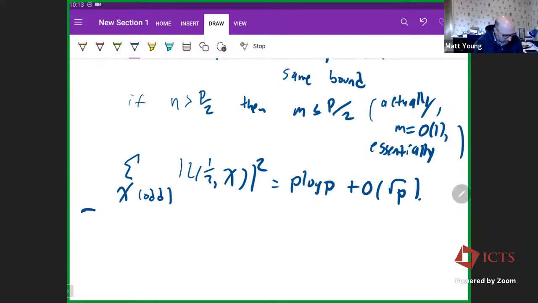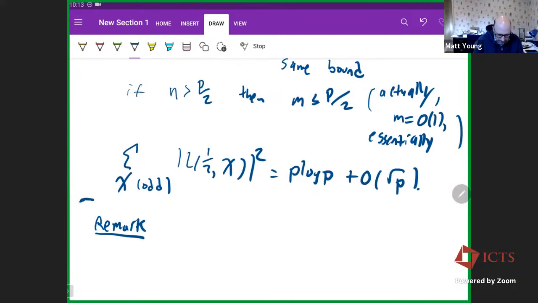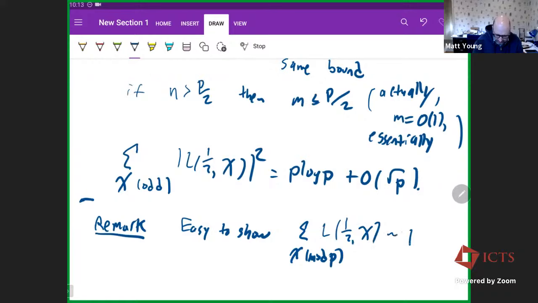All right, and then just as a remark, it's even easier to show that if you sum over chi mod P, L of a half chi, that's asymptotic to P. So we can get a good asymptotic for the first moment, not without any absolute values.